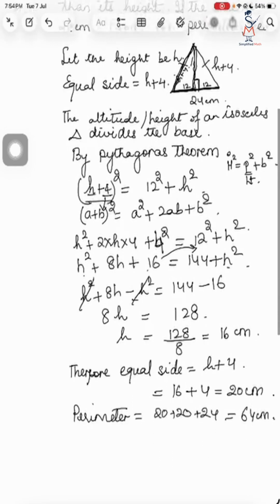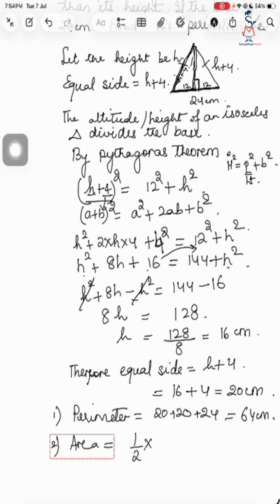Now we have to find the area. This was the perimeter, second is the area. We have the height here, so we can apply the formula half into base into height. This becomes half into 24, because I have to take the full triangle, so I take the full base, into height.